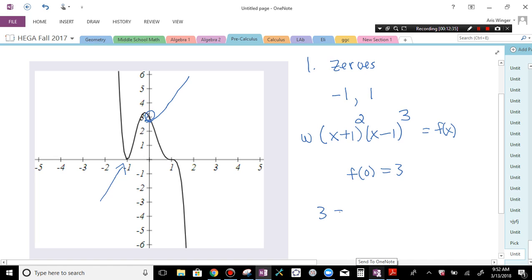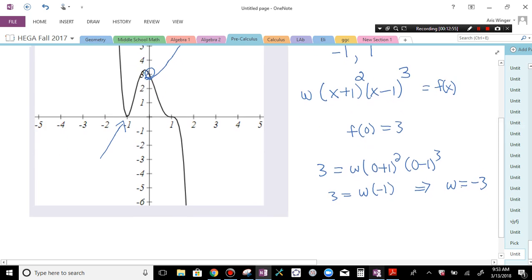So 3 needs to be equal to omega times 0 plus 1 squared times 0 minus 1 cubed. 3 is equal to omega times -1. Omega is -3. The function we're talking about might be -3 times x plus 1 squared times x minus 1 to the third.